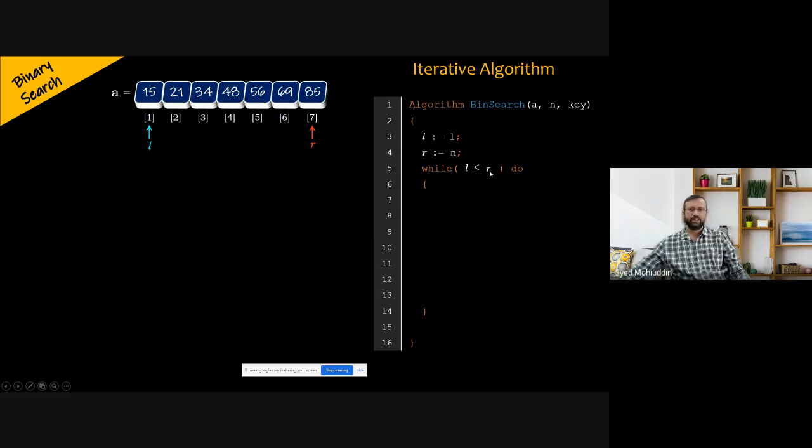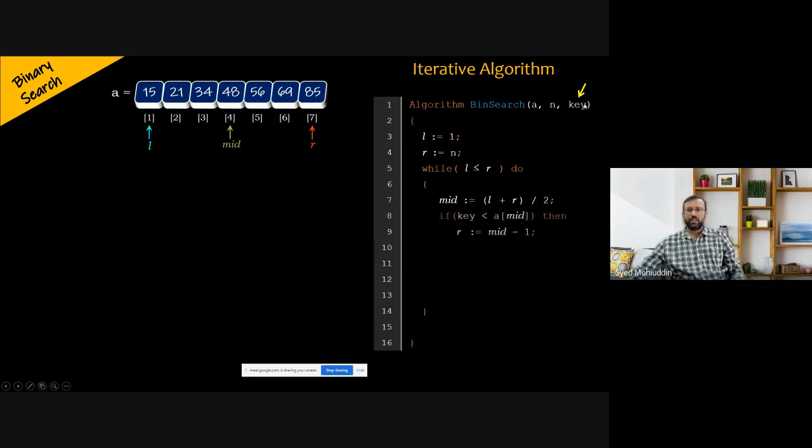If L becomes greater than R, that means L has crossed the R index and there is no need to search the rest of the elements. So while L is less than or equal to R, we will compute the mid value, that is (L plus R) divided by 2. That is what we have seen.